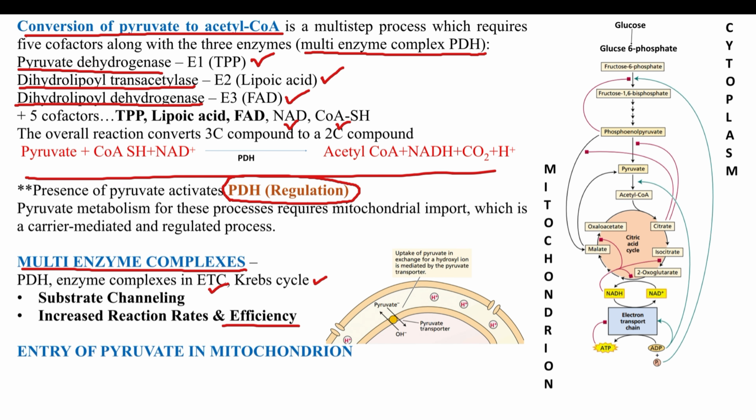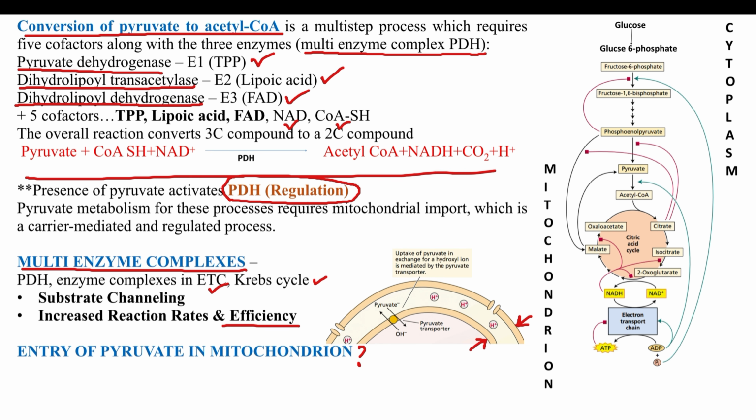We should also know why the entry of the pyruvate molecule into the mitochondrial matrix is extremely important. It is important because the outer membrane of mitochondria will allow the entry of certain molecules, but the inner mitochondrial membrane is highly selective in its function. It does not allow the entry of every molecule. The entry is basically dependent upon the size of the molecule which is to be transported inside the matrix.